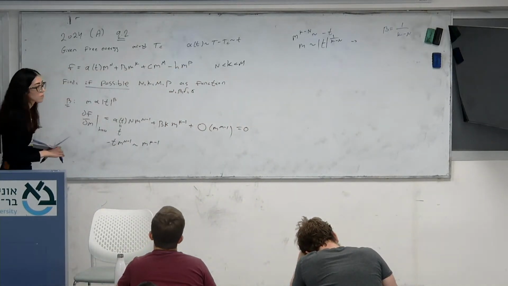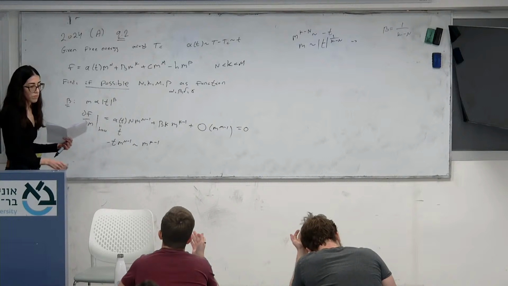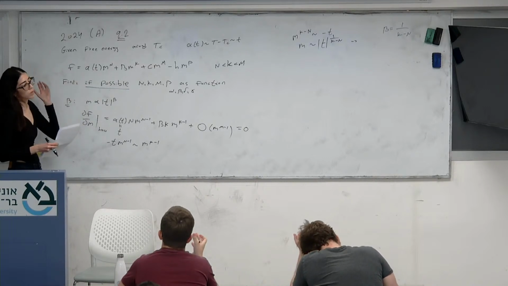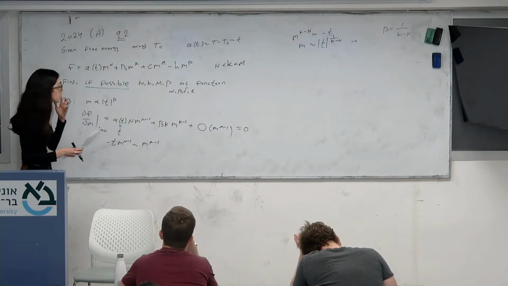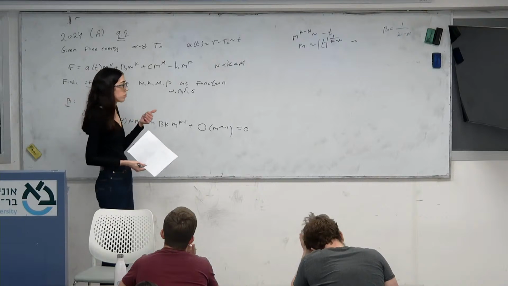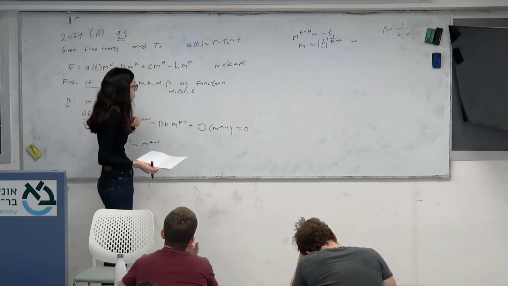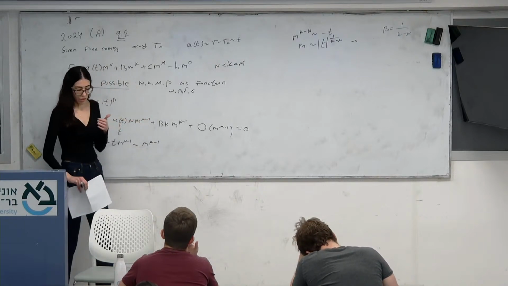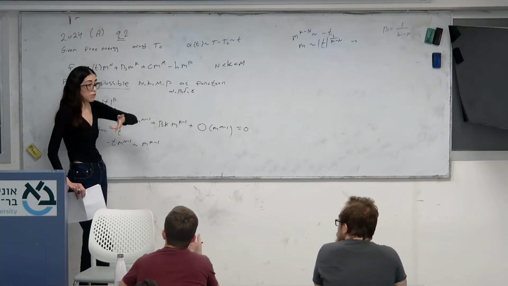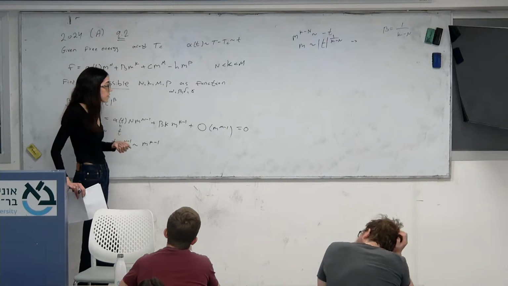After we find all of the exponents, we can check that they're consistent with the scaling relationship. So we can use the scaling relation as a sanity check, to see that everything we got is right.